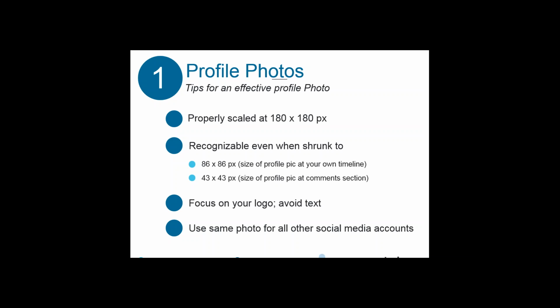So you should make sure that your logo is still recognizable even when it's shrunk. Some good test dimensions are, first, 86 by 86 pixels. This is the size of your profile picture on your posts in the timeline or your own timeline. And last but not the least, 43 by 43 pixels, which is the size of your profile photo when you leave a comment in the comment section.